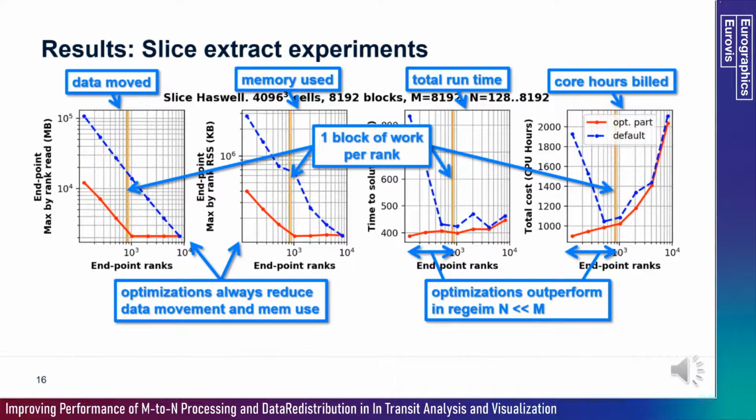By analyzing the optimized partitioner output, we can find the level of concurrency where there's actually 1 block of work per rank, and above that the cost of solution goes up, and again, something we want to avoid. Again, we see that some level of oversubscription, where there are multiple blocks per rank being processed on the endpoint, is beneficial.